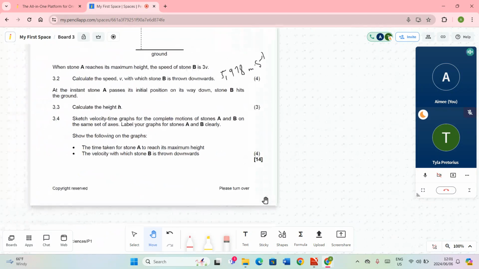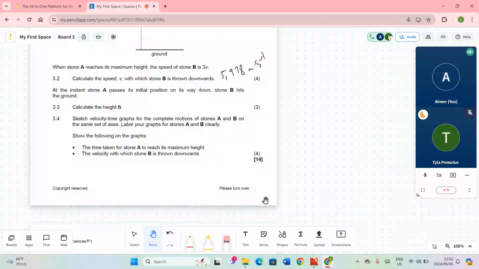Okay, the last question of question 3.4. Sketch velocity time graphs for the complete motions of stone A and B on the same set of axes. Label your graphs for stone A and B clearly.